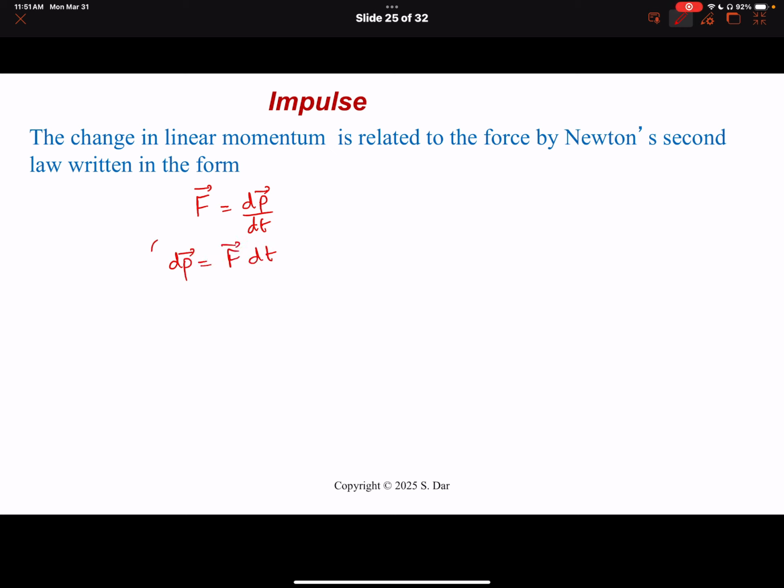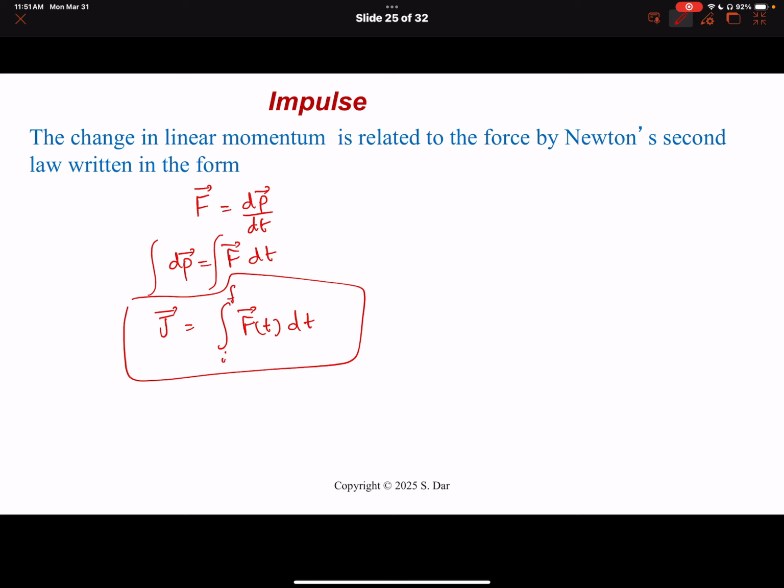So then you integrate both sides, and impulse J is the integral from some initial value to final value of F as a function of time, dt. So that's the definition of impulse in integral form. It's still change in momentum, but if force is given as a function of time, then use the integration formula instead of using just the delta P formula.